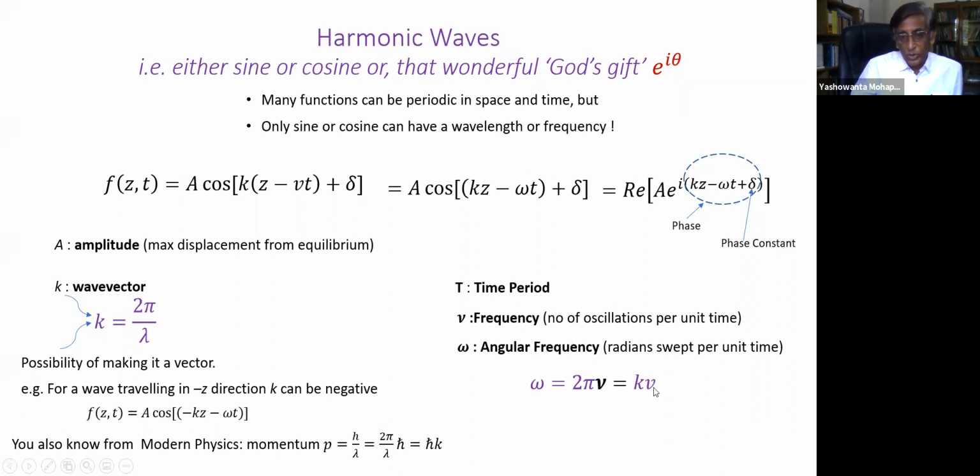Omega is 2 pi nu, and if I bring k inside, then omega is k into v. So omega is a function of k. This is a very simple function here, but later you will see that more complicated waves can have omega as complicated functions of k. Another way to remember is that the phase velocity v is omega by k.